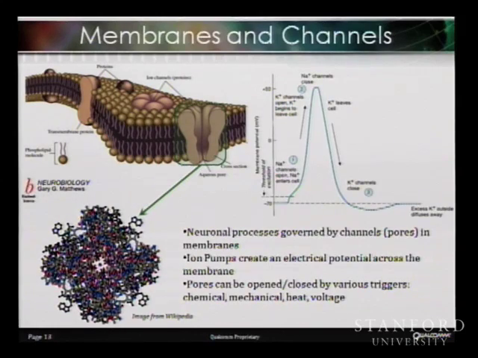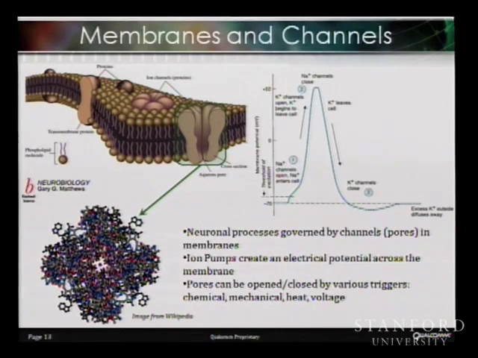Now, in order to build up a charge across the membrane, there are these little protein molecules called pores or channels, and they're extremely complex, as shown by this molecule here, which is the representation of a real pore, and the little hole in the center is where the ions can pass through.